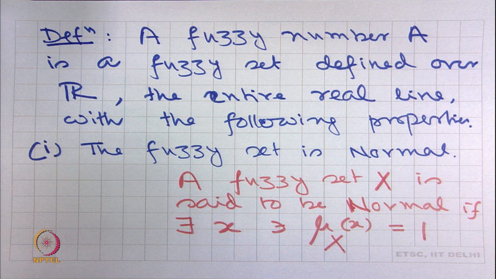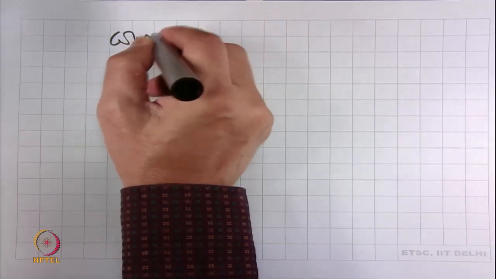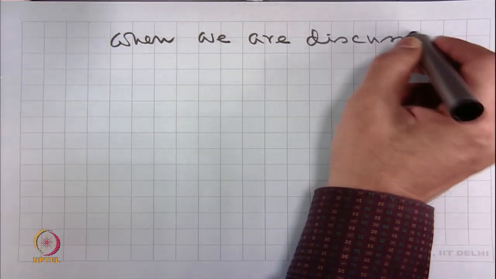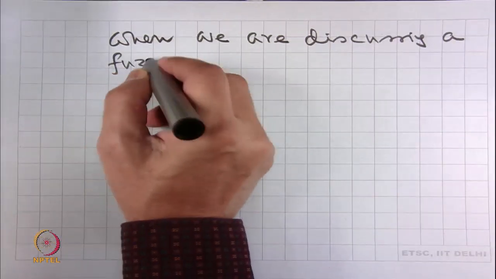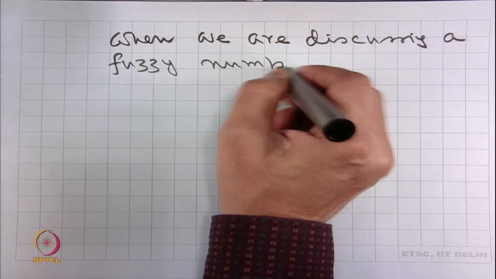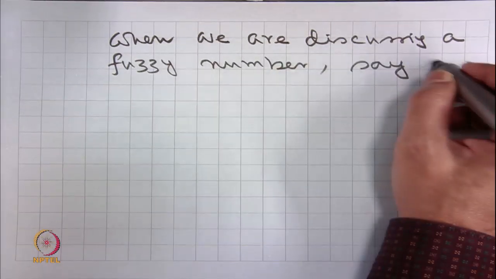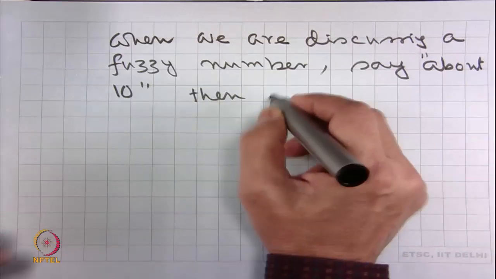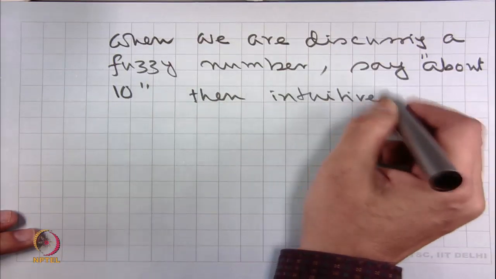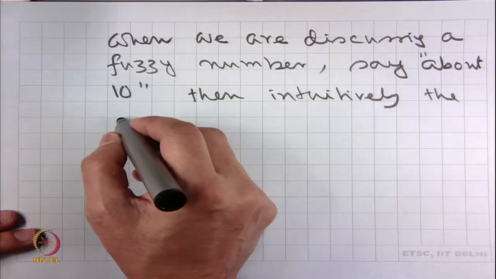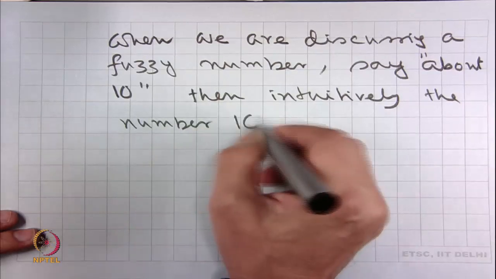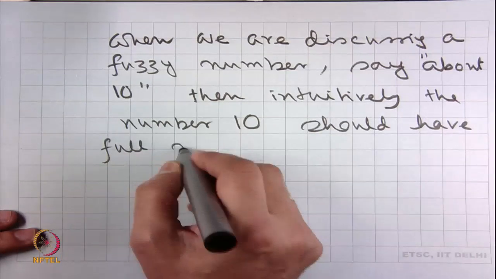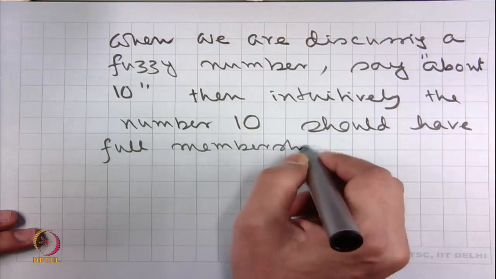The intuition is that when we are discussing a fuzzy number, say about 10, then intuitively the number 10 should have full membership to the fuzzy set.